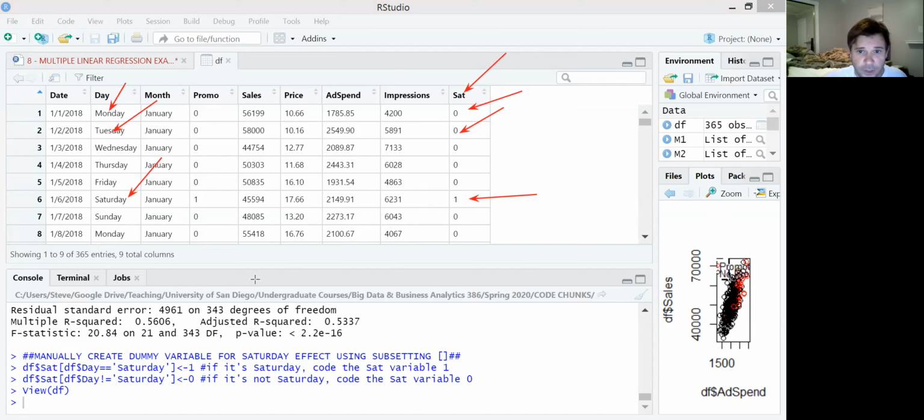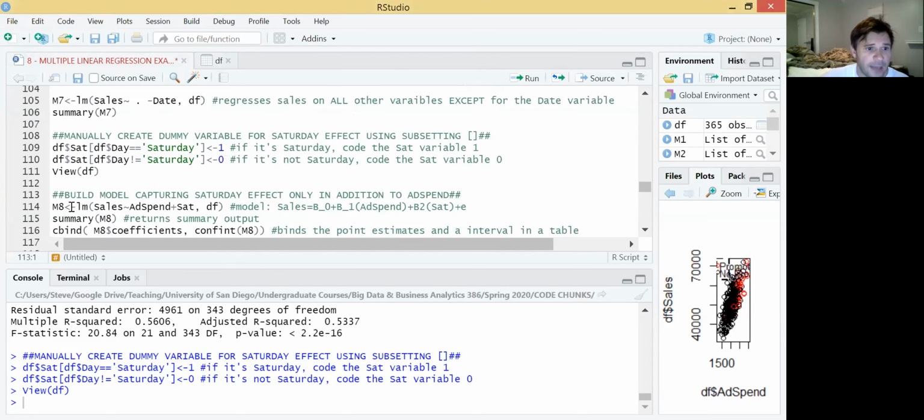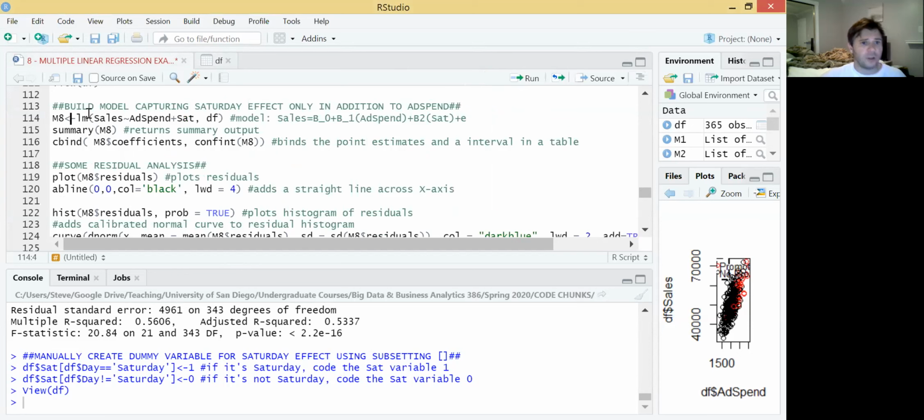Okay, there's a 0 showing up. So when it's actually Saturday, we've created a dummy variable column here. And if we wanted to just check the effect of Saturday being statistically significant or not, we can now do that by building a regression. In model 8, we're going to build a model where we've controlled for ad spending and only the Saturday effect.